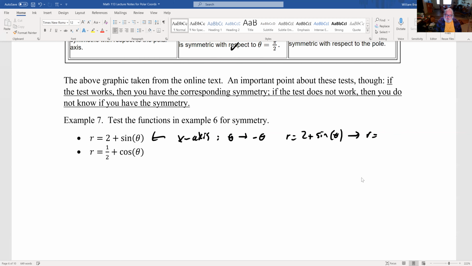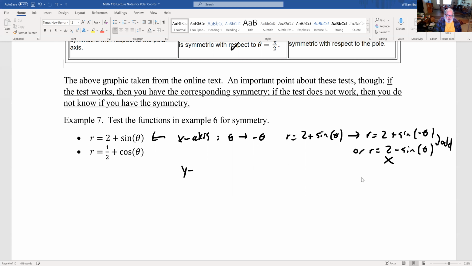We get r equals 2 plus sine of minus theta. We know sine is odd. So that means the minus sign can come out. Odd function, that's why we can do that. And so not the same, right? We don't know if this will be symmetric about the x-axis.